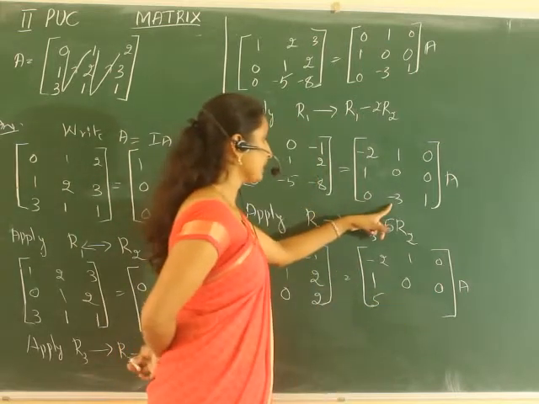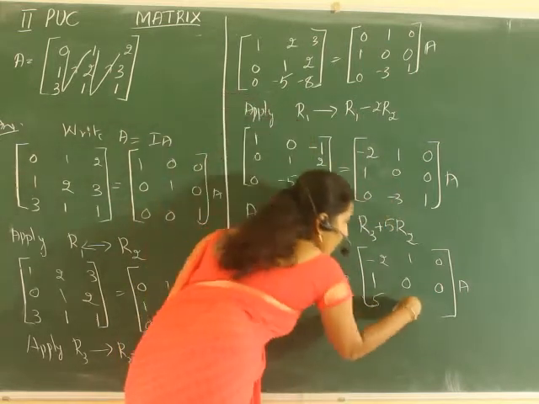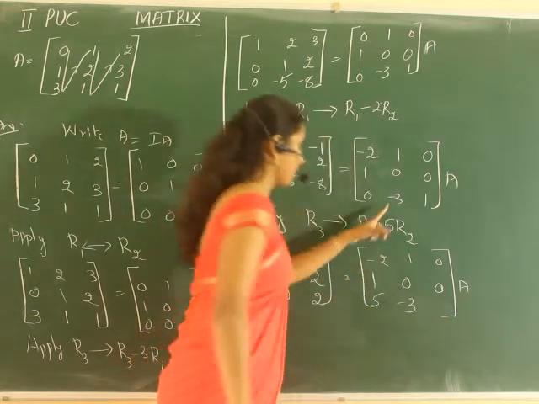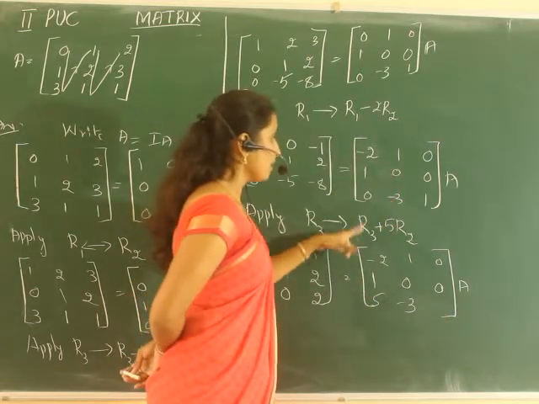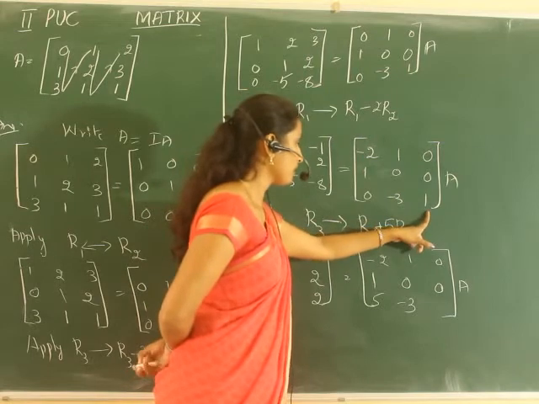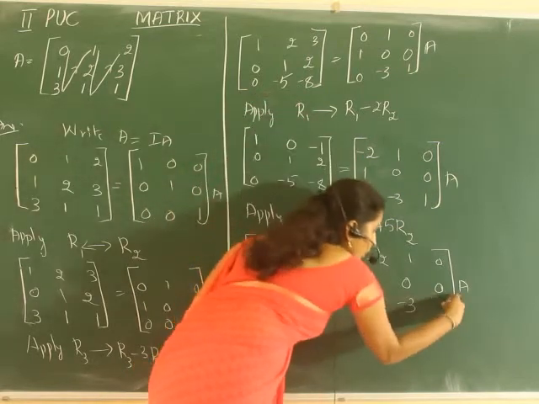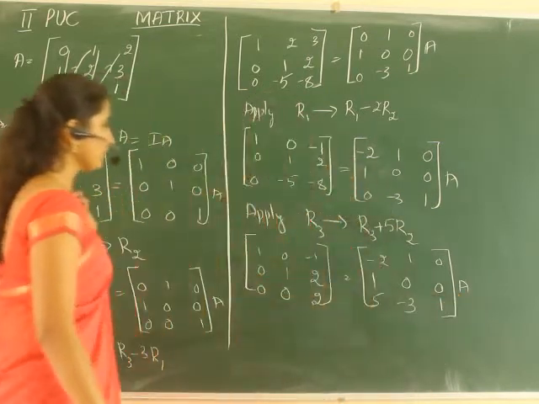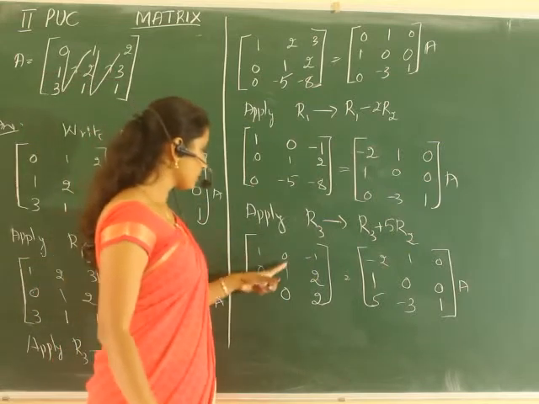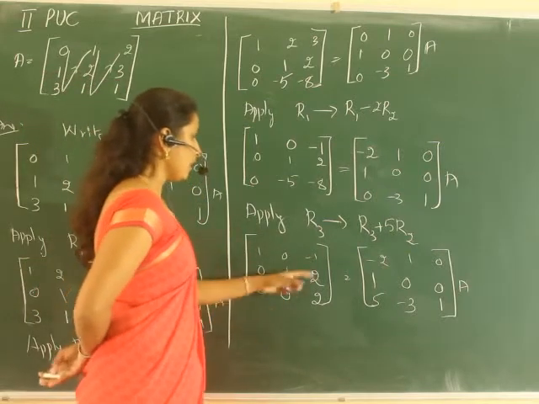Then minus 3 plus 5 into 0 is minus 3. 1 plus 5 into 0 is 1. So I have converted this to 1 0 0 0 1 0. Now I have to go for minus 1.